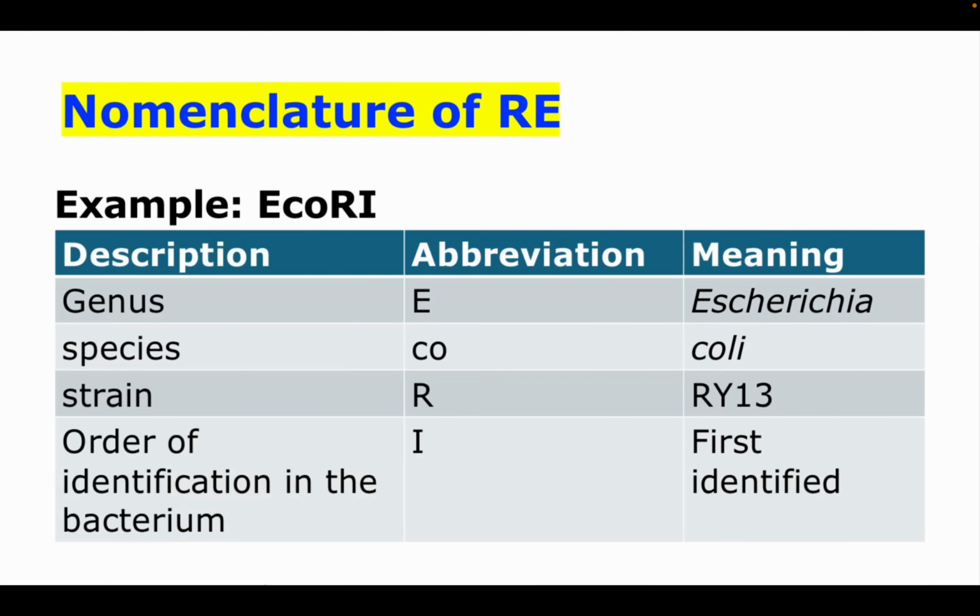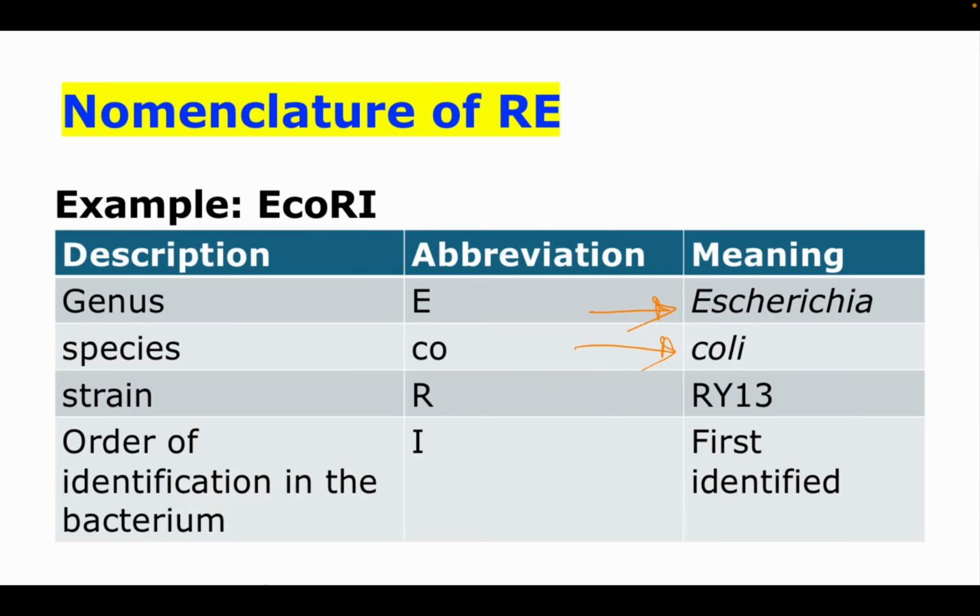Next one, this is just showing you the nomenclature of the restriction enzyme. Again, I know that you know this already and you have several examples in the laboratory, but the first letter belongs to the genus, and the second and third letters belong to the species, like in E. coli strain RY13.